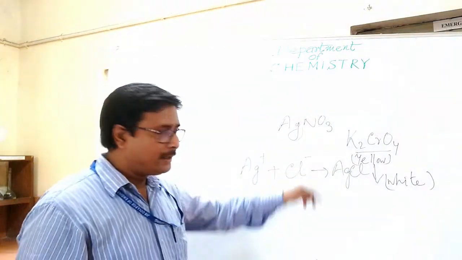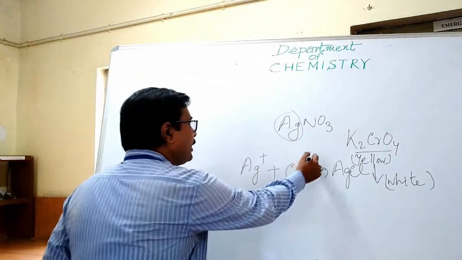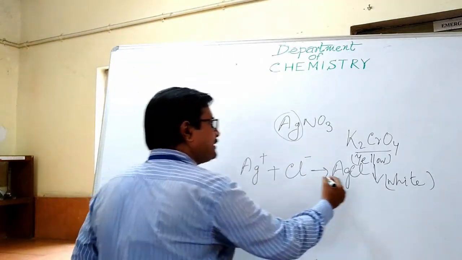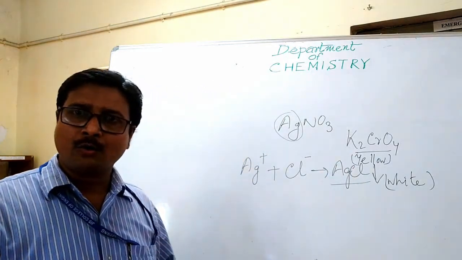Now when the titration is going on and all the chloride ion has precipitated out as silver chloride, that means there is no chloride ion left in the sample of water.